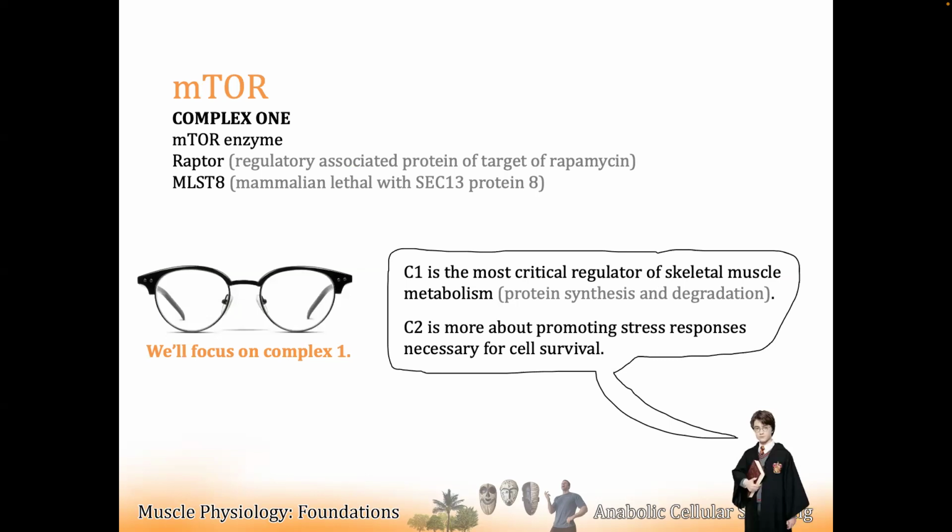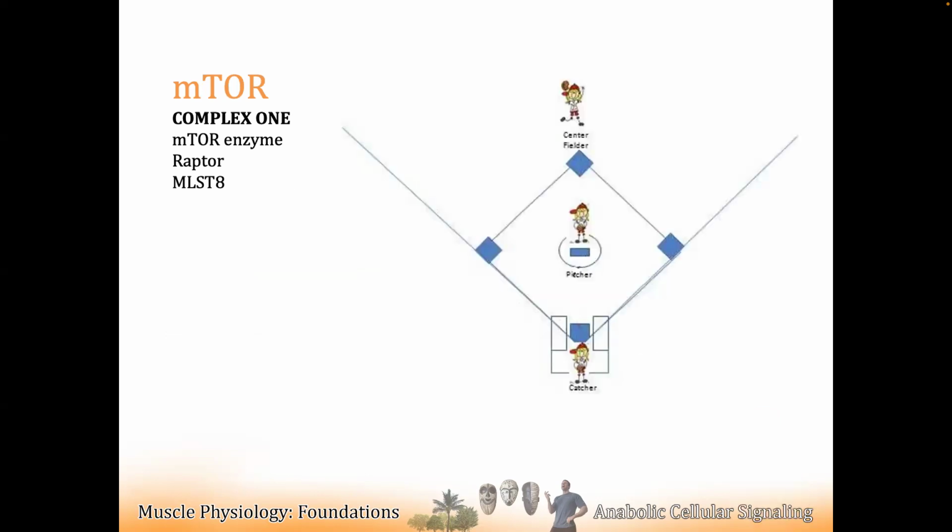But mTOR complex 1, this is the primary path, the primary conduit through which anabolic signals are delivered. So think of the core proteins in the complex like baseball or softball players. If you want a functional team, there are three reasonable positions to put on the field, right? A pitcher, a catcher, and some shallow outfielder.